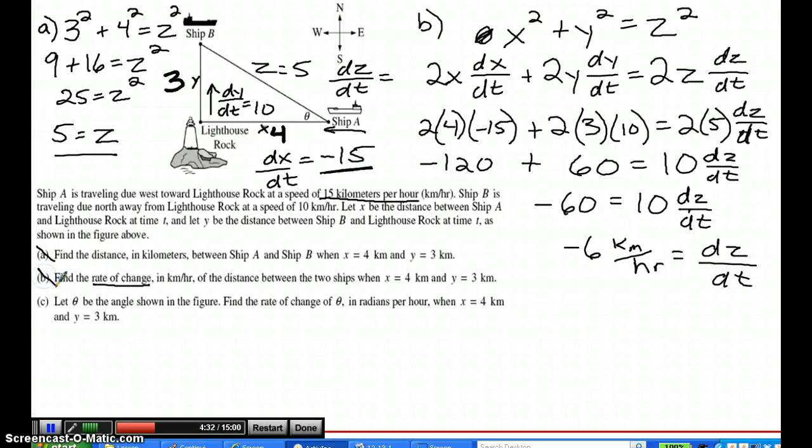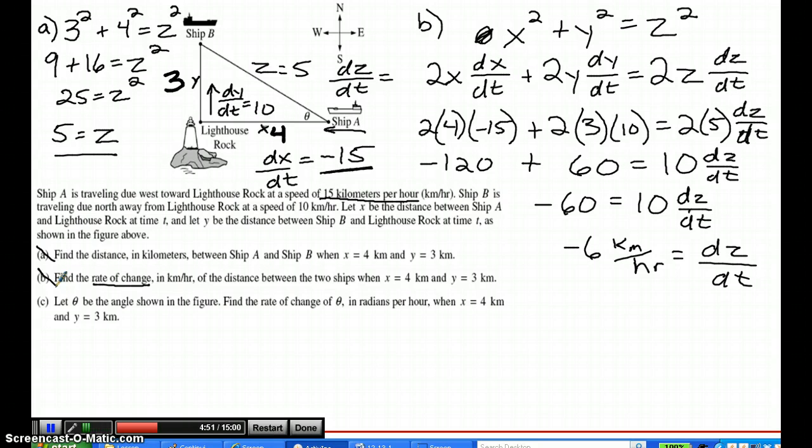So B's done. C, let theta be the angle shown in the figure. Find the rate of change of theta in radians per hour when x is 4 and y is 3. It's nice they didn't change up these values on us. Now that we know x, y, and z, we could use any trig function we want.